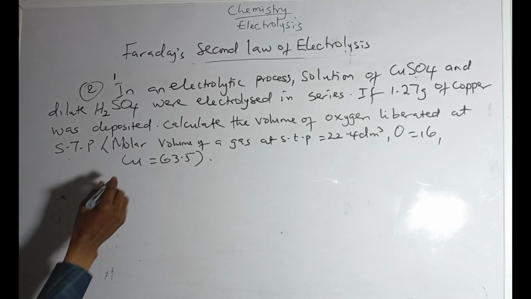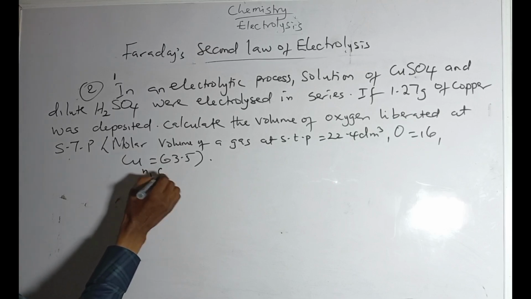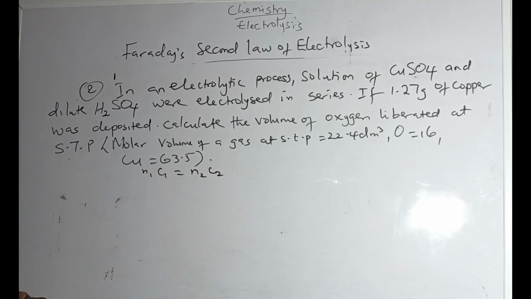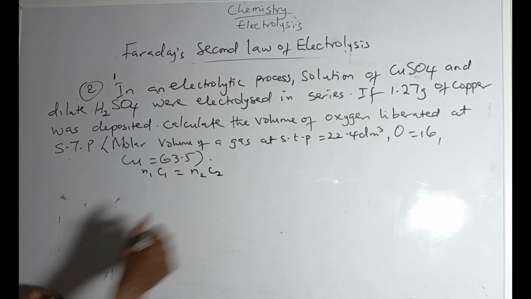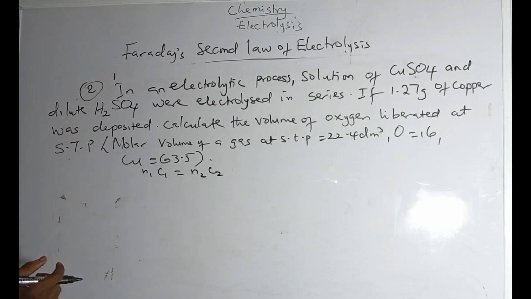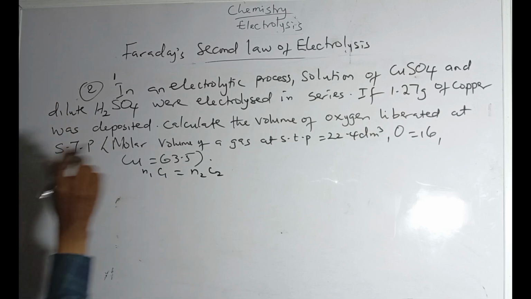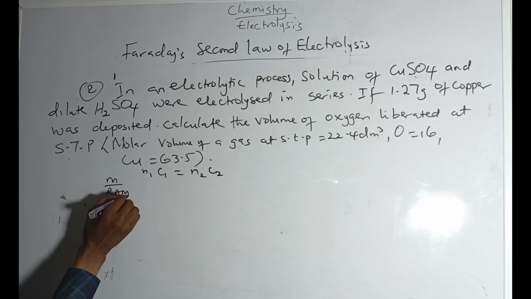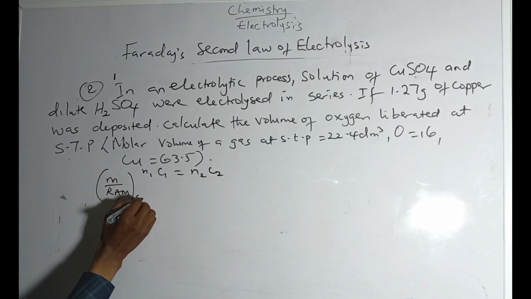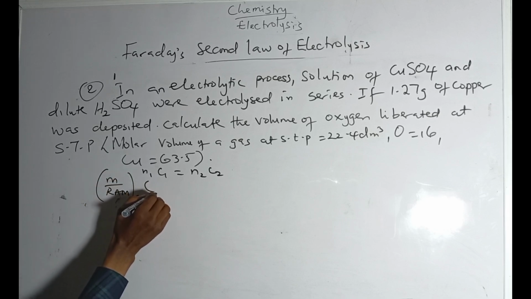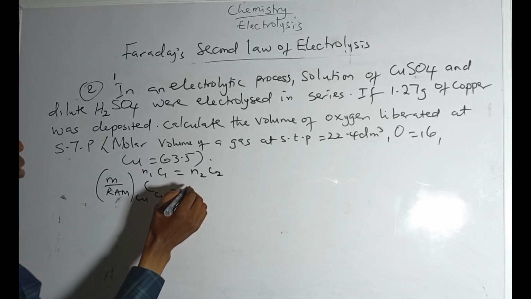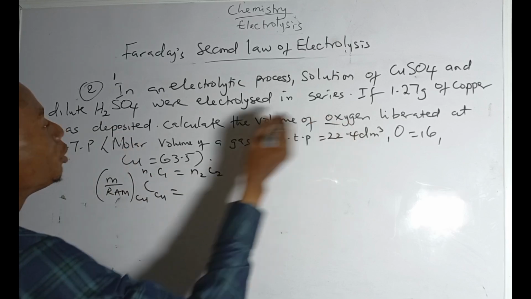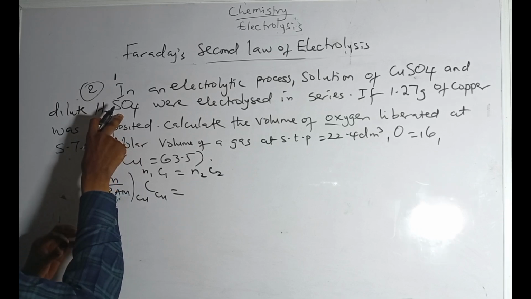So the formula I gave you before, N1C1 is equal to N2C2. So what's the first thing they mention? CuSO4, so that will be M over R of Cu, charge of Cu, is equal to the second one, H2SO4, and they are talking about oxygen. So it is oxygen that was liberated from here.